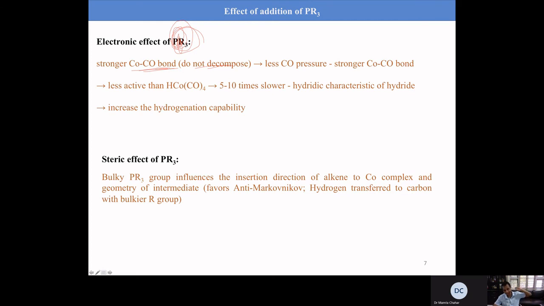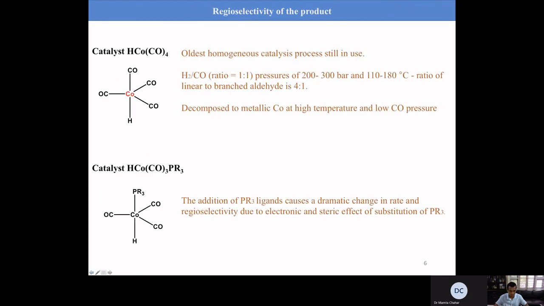And the phosphine is electron donating to the other CO bond. So in this case, for example, these COs are not that very strong, but phosphine being electron donating, this back bonding becomes stronger, right?